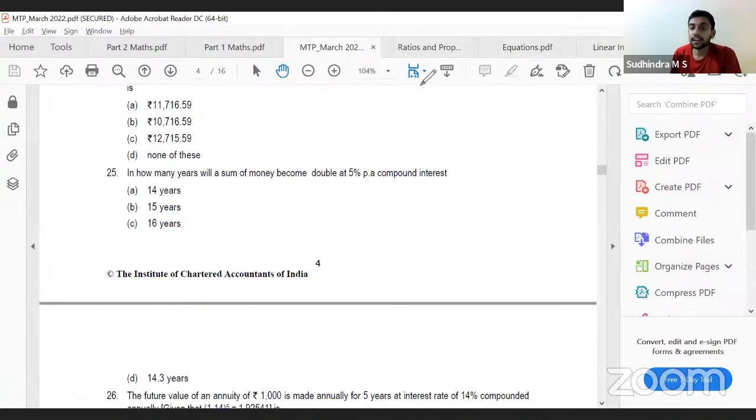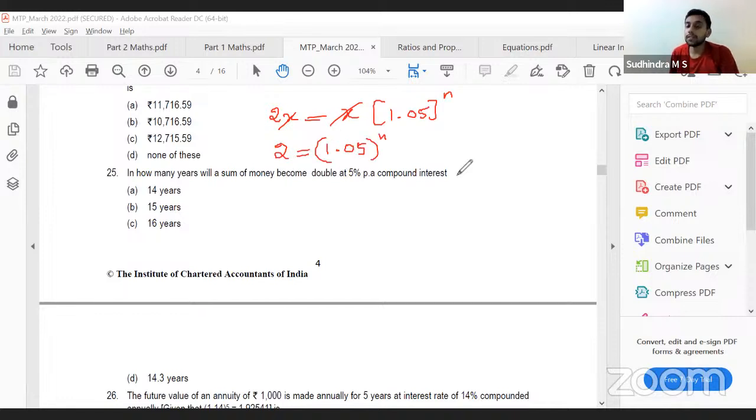So what are they asking? They're asking how many years it will double. So 2x is equal to x into 1.05 to the power of n. x gets knocked off. 2 is equal to 1.05 to the power of n. So from here we have to move on.